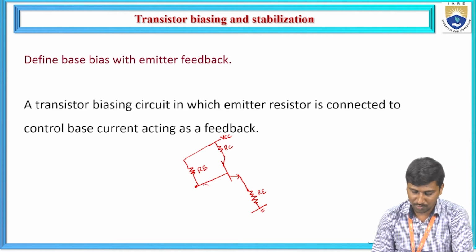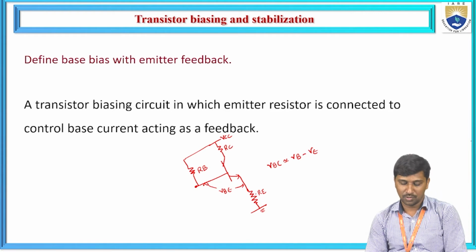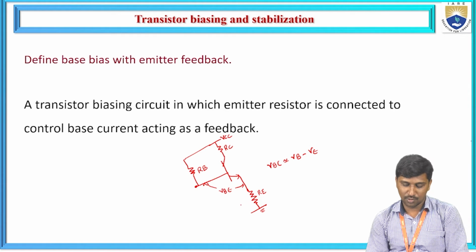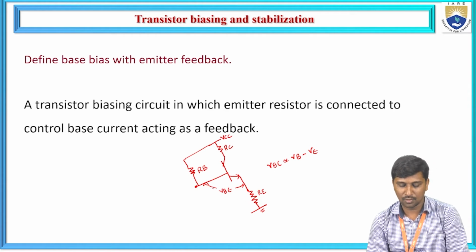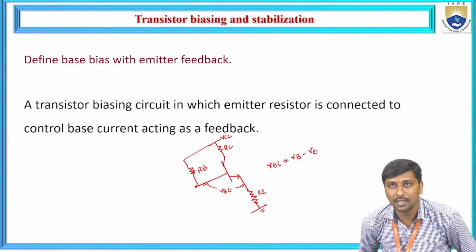To observe the potential difference, it is represented as VBE, the potential difference between base voltage and emitter voltage. If this voltage drop changes, it controls the gain of the operation or controls the collector current.